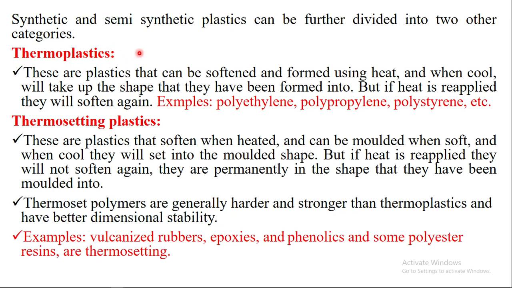The opposite of thermoplastic materials is thermosetting materials. Once we apply heat and produce some product from the material, if we apply heat again, it is not reshaped and does not soften again.